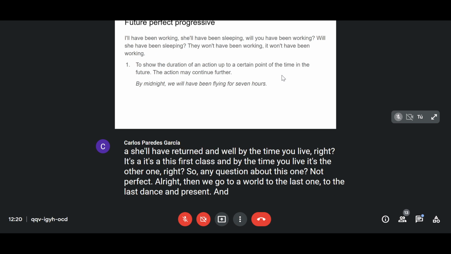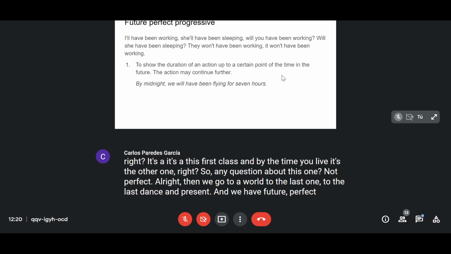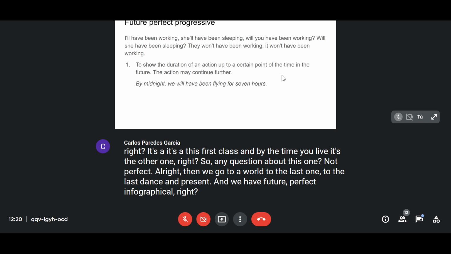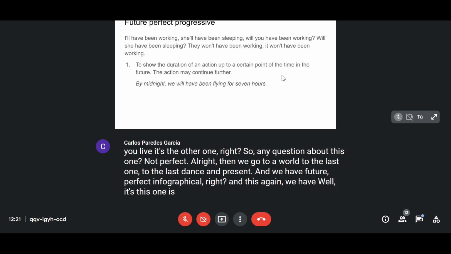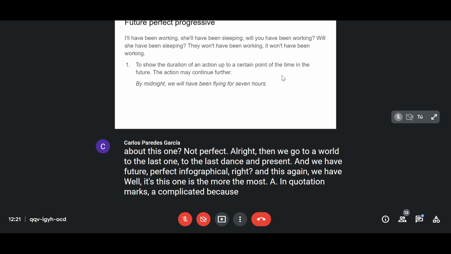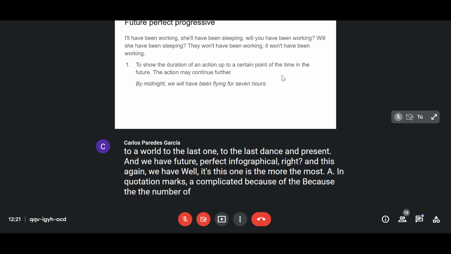And we have future perfect progressive, right? And this, again, we have, well, this one is the most, in quotation marks, complicated because of the number of auxiliaries you have there.